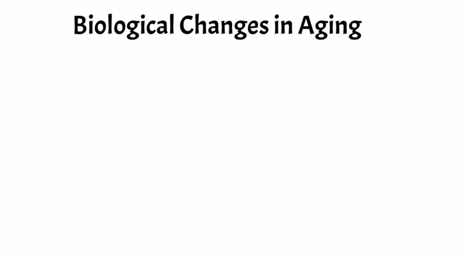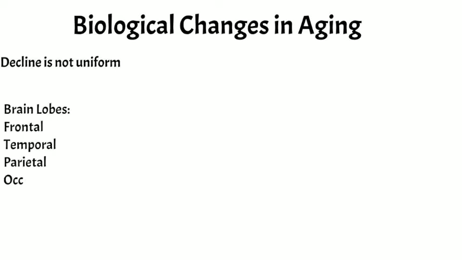So starting off, what are the biological changes? Well, the first thing to note is that when we look at the brain as it ages, the decline is not uniform. What that means is some areas show atrophy before others. One way to break it down is just to notice the different lobes. You may know the frontal lobe, temporal lobe, parietal lobe, and occipital lobe.